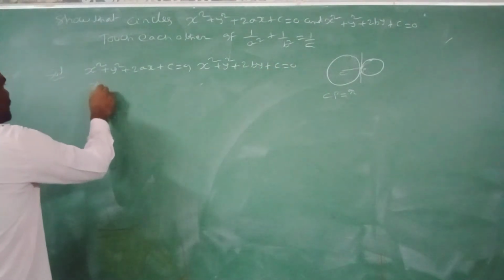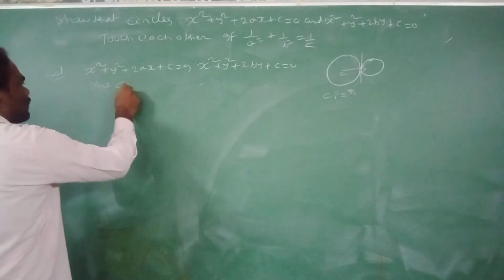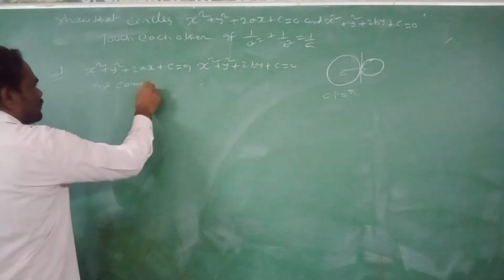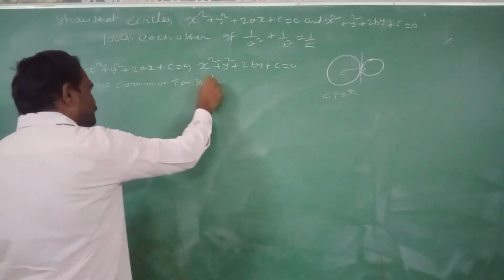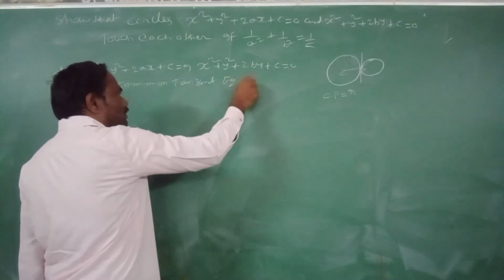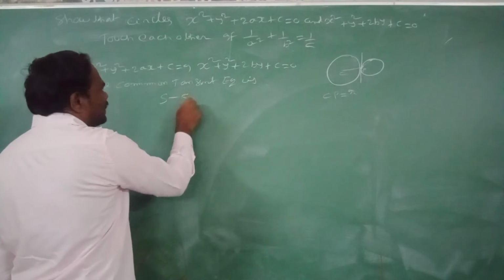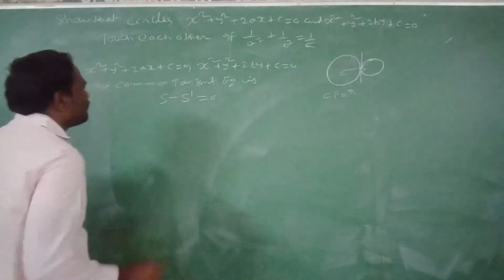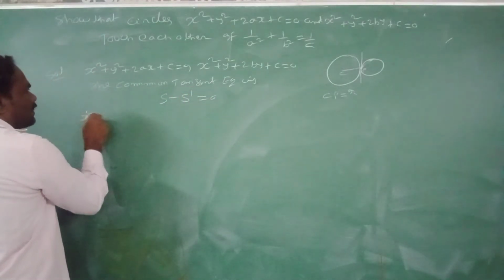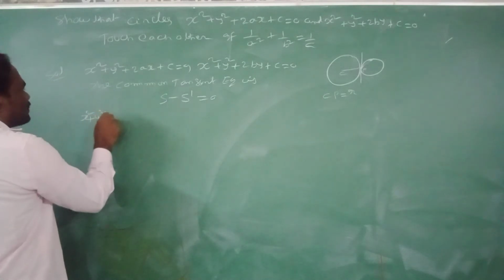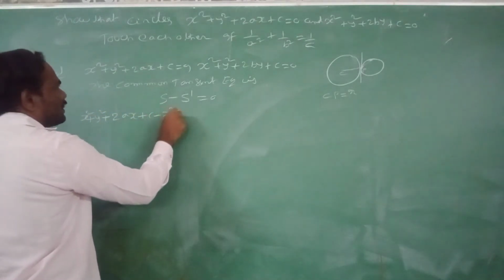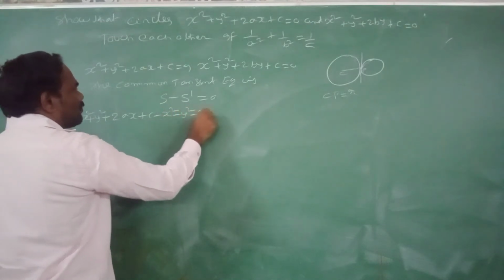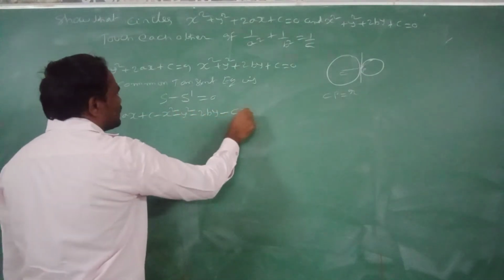The common tangent equation is S − S' = 0, that is x² + y² + 2ax + c − x² − y² − 2by − c = 0.